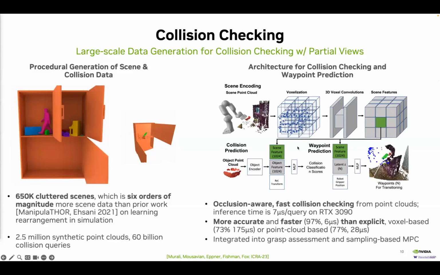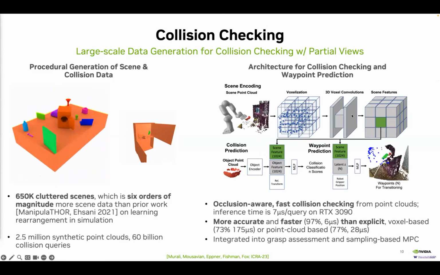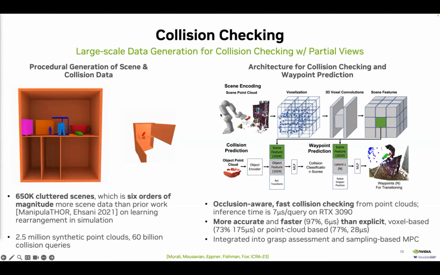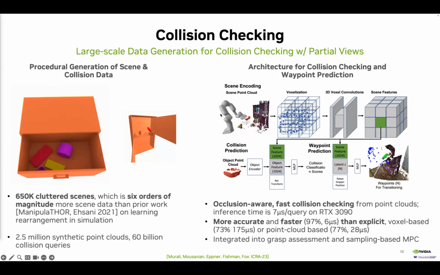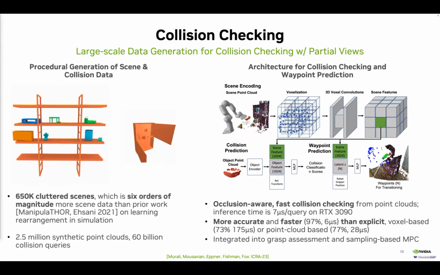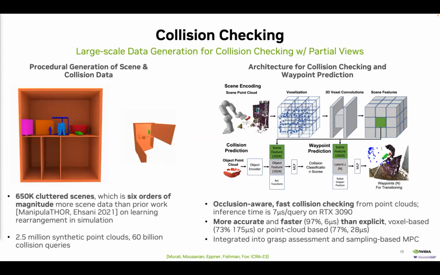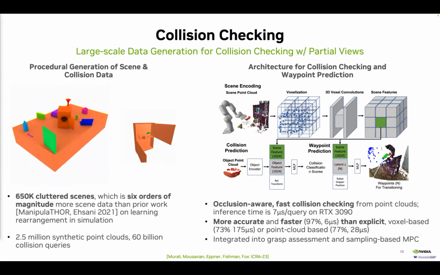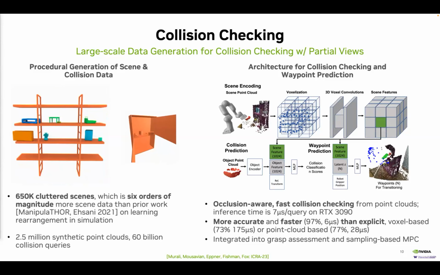So the specific network we had voxelizes the scene in coarse feature voxels. And then we also feed in, for example, the point cloud of an object. And then you can check for an arbitrary transformation. The network is trained to check whether that point cloud of the object is going to cause a collision with the scene if it moves according to that transformation.